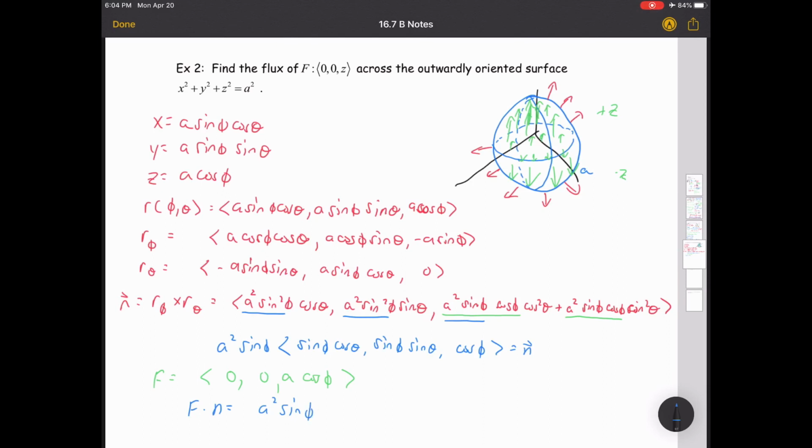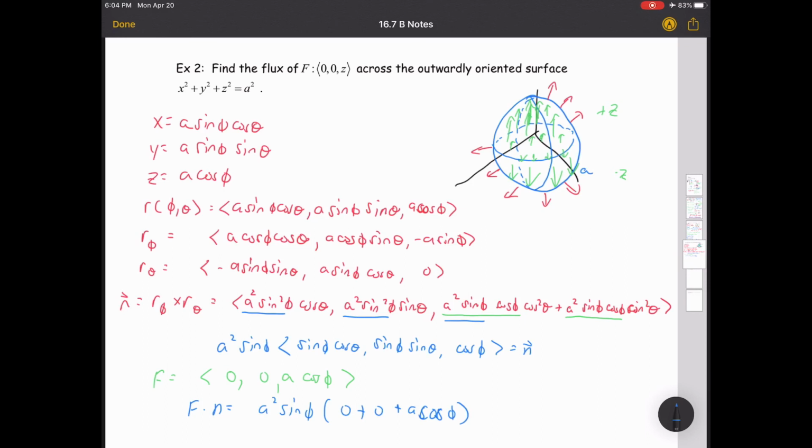And then we've got 0 plus 0 plus a cosine phi. So really what I'm going to get is, it looks like a cubed sine phi cosine phi, if I'm not mistaken.